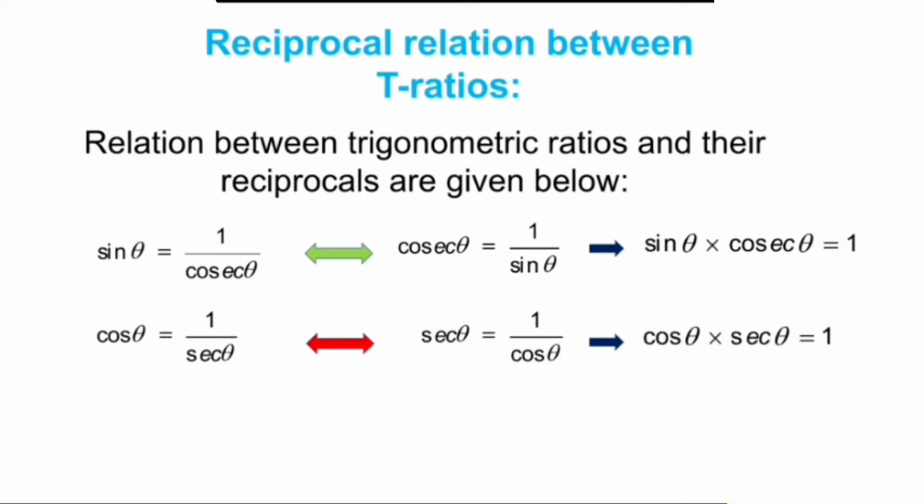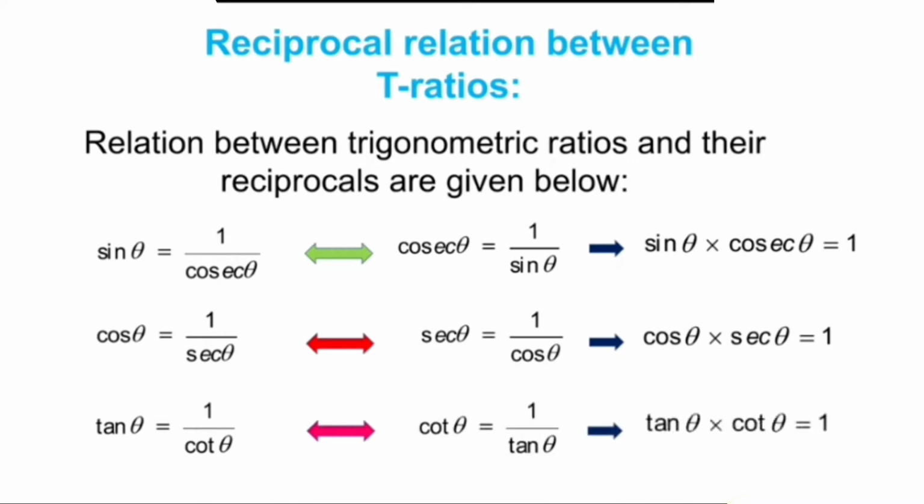Similarly, we know that cot theta is the reciprocal of tan theta. So, it can be written as tan theta is equal to 1 by cot theta, or cot theta is equal to 1 by tan theta. From this, we can conclude that the tan theta into cot theta is equal to 1.